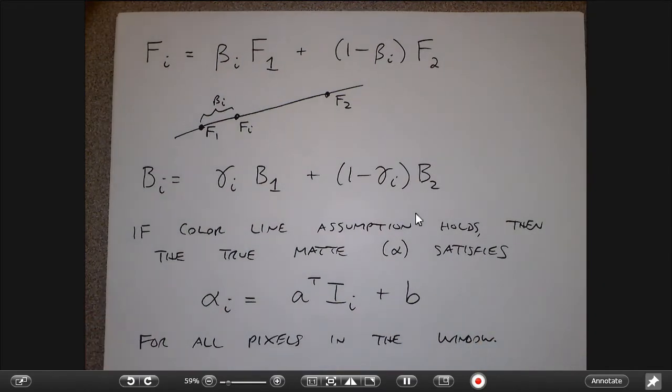Well, this is kind of surprising. This says that if I just look at this window by itself, I can obtain the correct alpha value just by a simple affine transformation of the intensity.